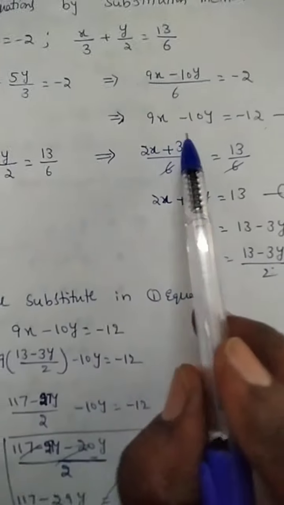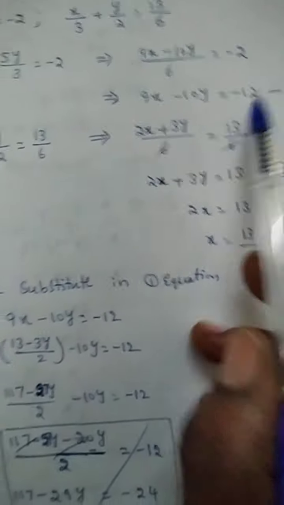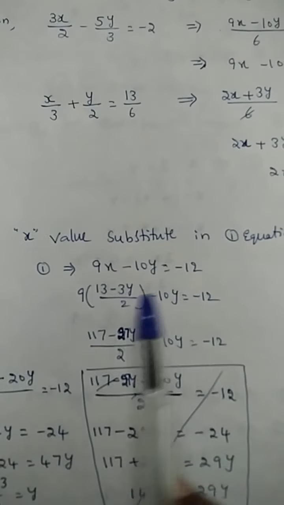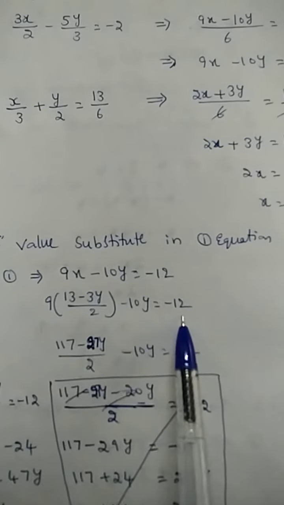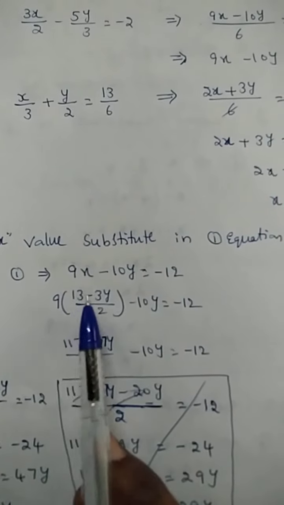The first equation is 9x minus 10y is equal to minus 12. So 9 into 13 minus 3y by 2, minus 10y, is equal to minus 12. 9 is a product here, so multiply each and every term.